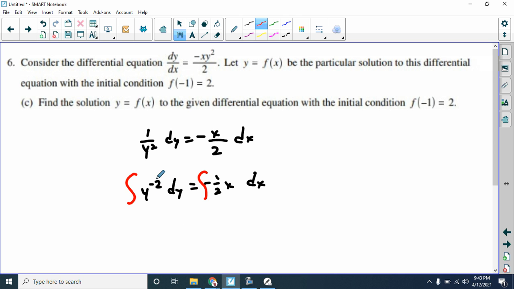Use the power rule. Notice the integral of 1 over y squared does not have a natural log in it. It's only if it's 1 over y, or 1 over u, or 1 over x. 1 over y squared we want to write as y to the -2nd, and then we can integrate using the power rule. The integral of x is 1/2 x squared plus c.